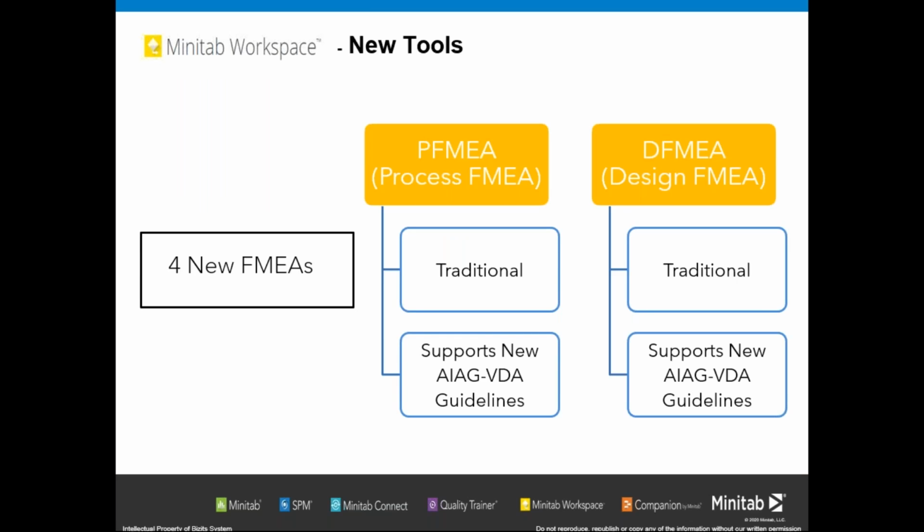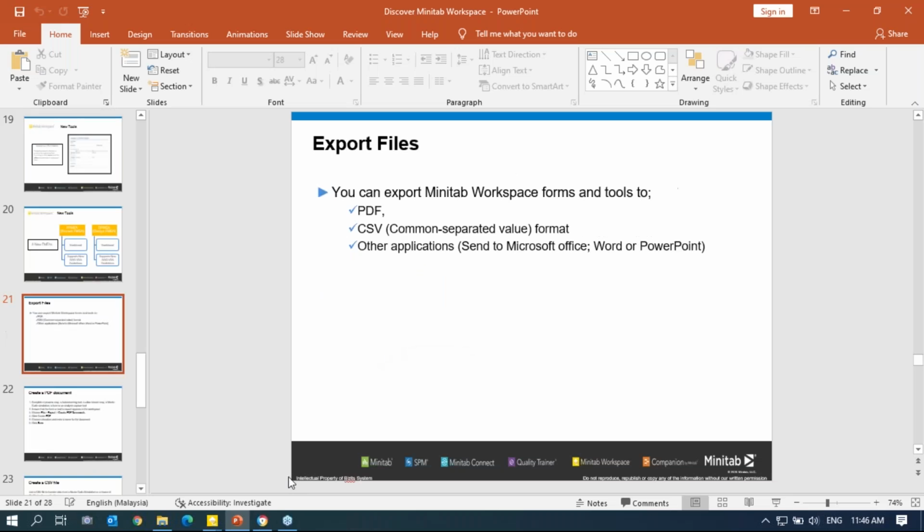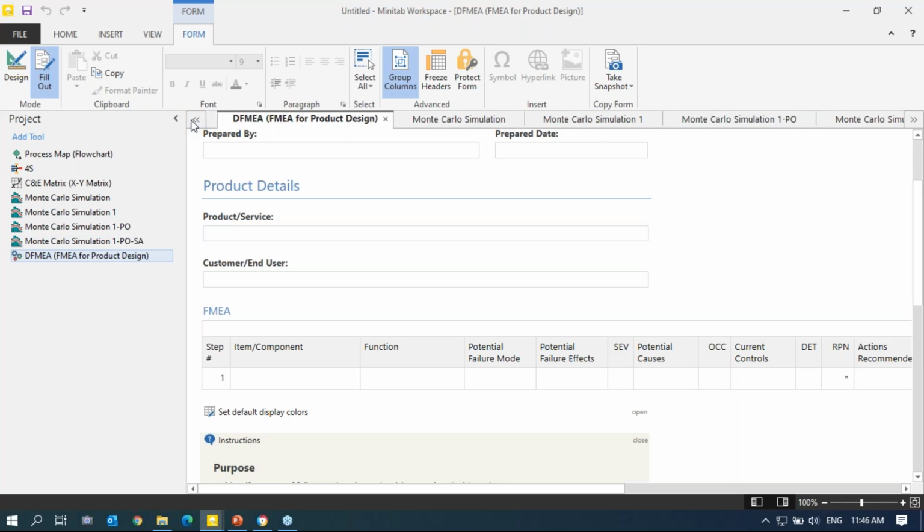And then we also have FMEA, for process and for design. If you follow the AIAG standard, you can go for the new AIAG standard for FMEA, and a new AIAG standard for DFMEA.